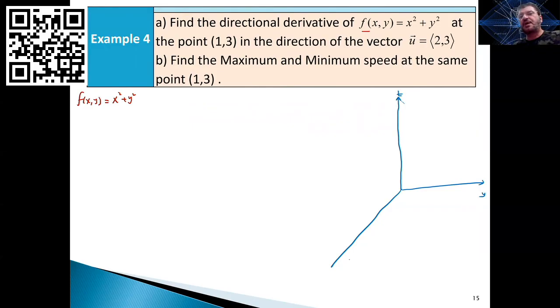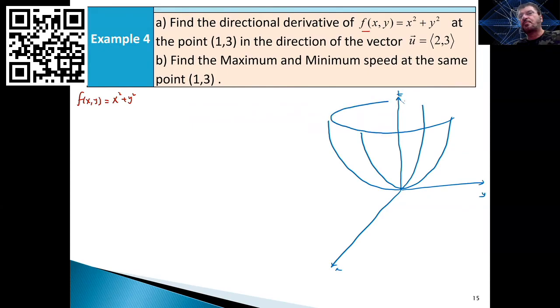Z, y, and x. We know that the graph looks like this, right? It's a paraboloid that is open upwards. Alrighty. So this is the shape of our function. We already know this one.